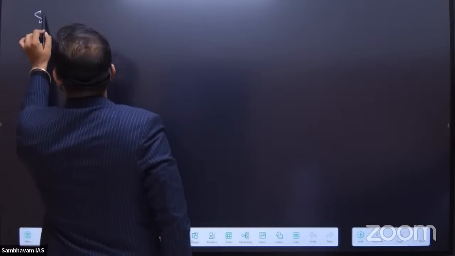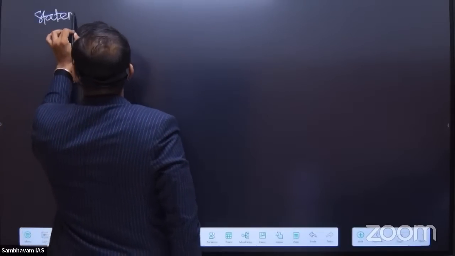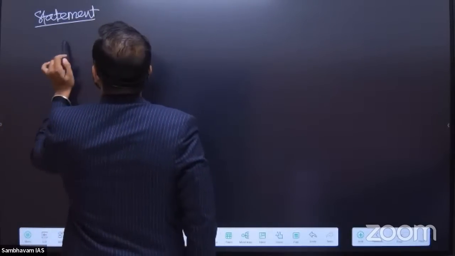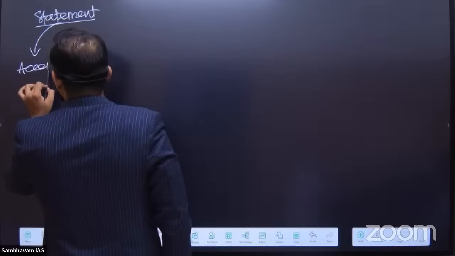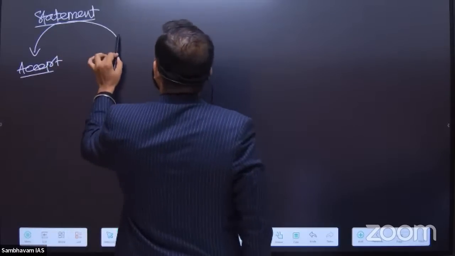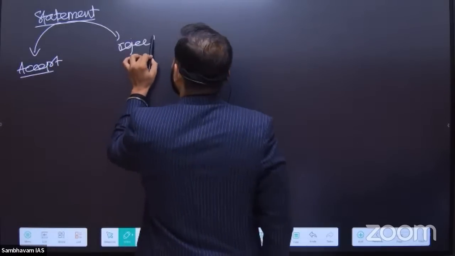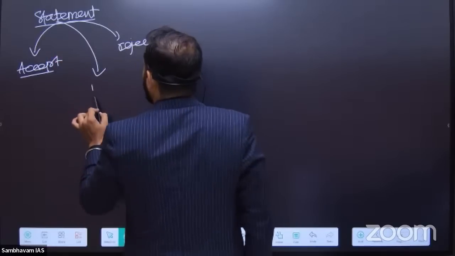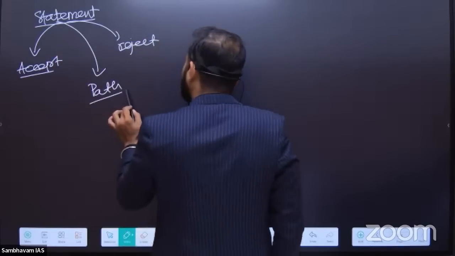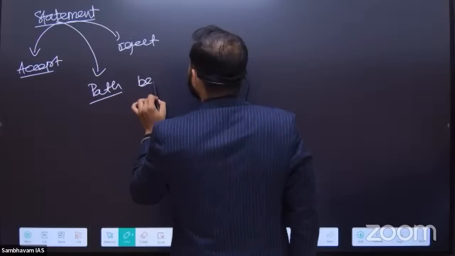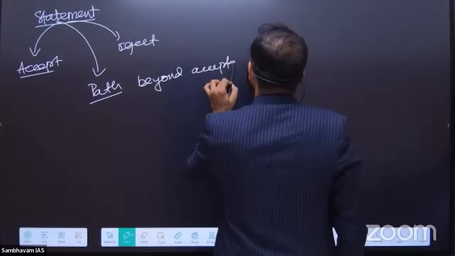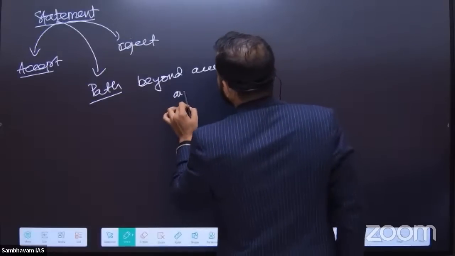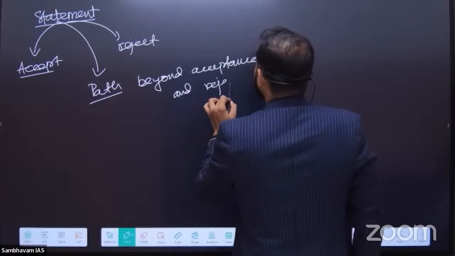Then for this statement, you will argue accepting, you will accept this statement, and you will try to reject or go towards a path, if any, beyond acceptance and rejection.